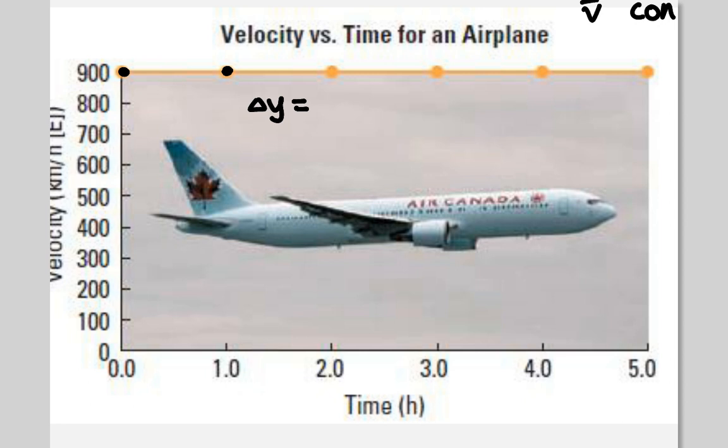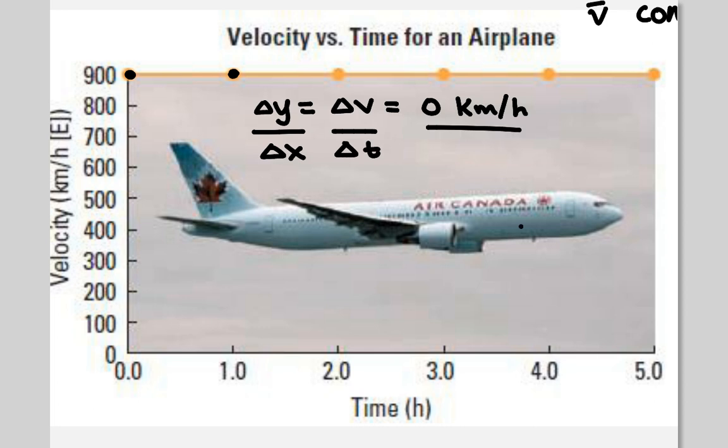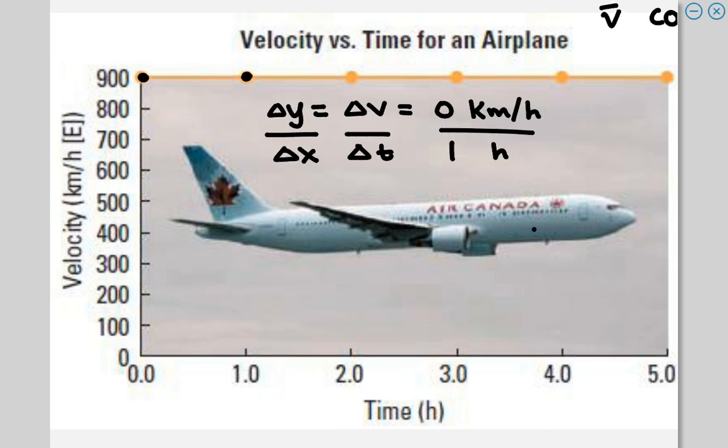The change in the y variable is 0. The change in the y variable is also the change in the velocity, which we know is 0, because the graph is not rising or falling. What is the change in the x variable, which in this case is t? Sure, let's do the 1 hour, like the point I have.